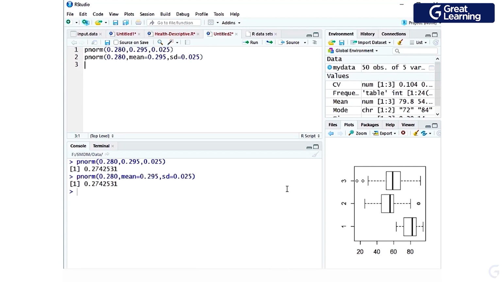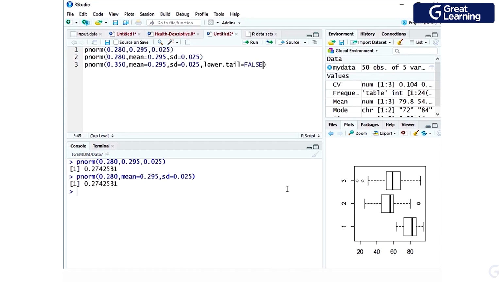But the other way in R is, I put here pnorm of 0.350, comma, mean is equal to 0.295, comma, SD is equal to 0.025, comma, lower.tail is equal to FALSE.